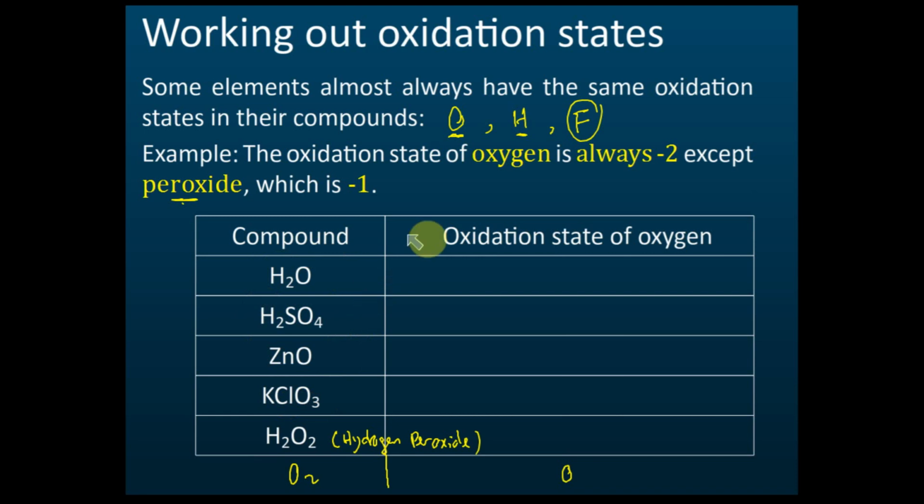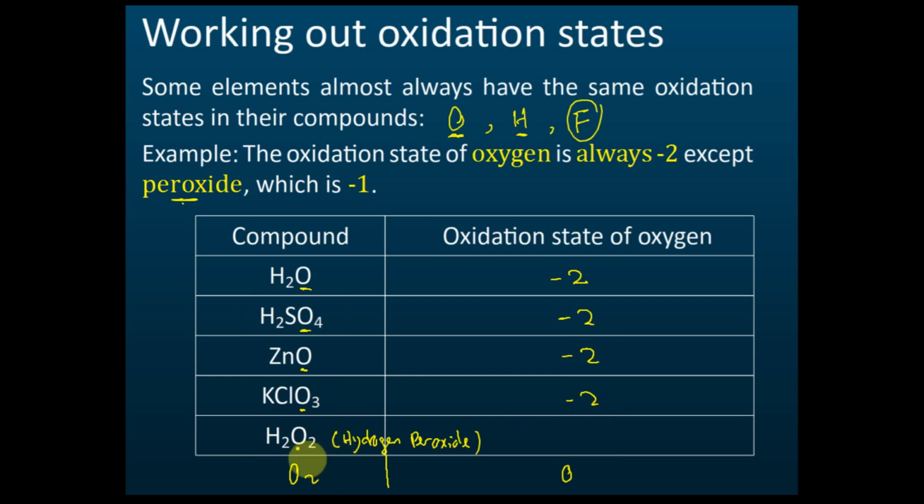For all other compounds, the oxidation state of oxygen is always -2. For examples, H2O, the oxidation state of oxygen is -2. Sulfuric acid, -2. Zinc oxide, again -2. Potassium chlorate, again -2.